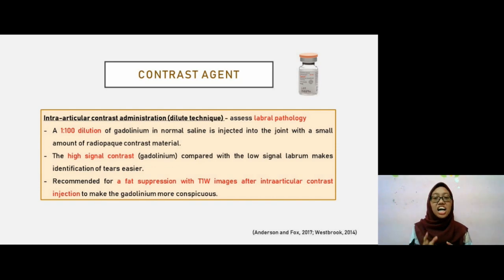The high contrast gadolinium compared with the low signal labrum makes identification of tears easier. Fat suppression with T1 weighted images is recommended after intra-articular contrast injection to make the gadolinium more conspicuous.